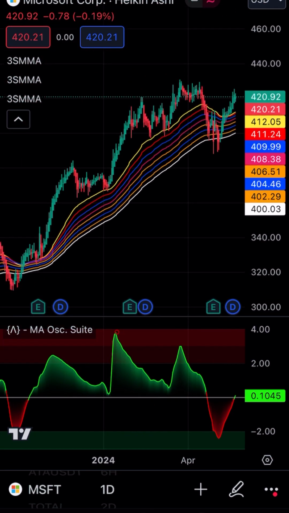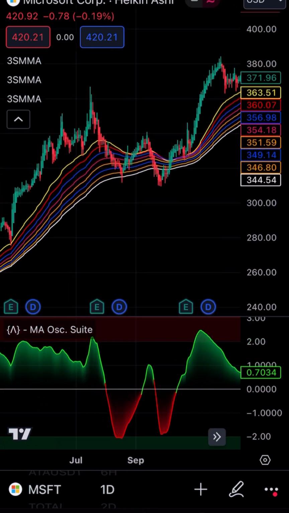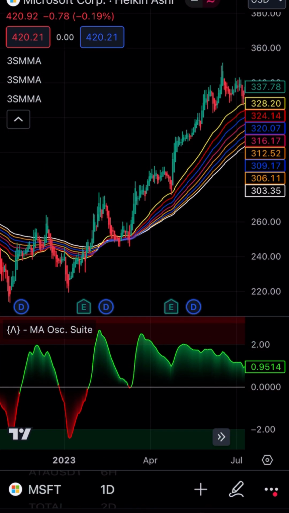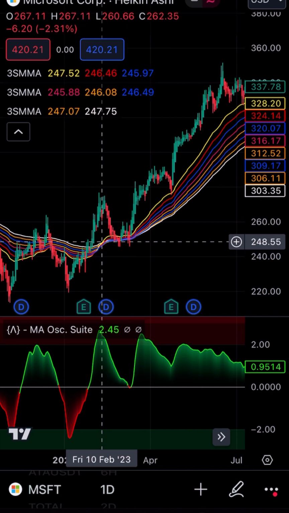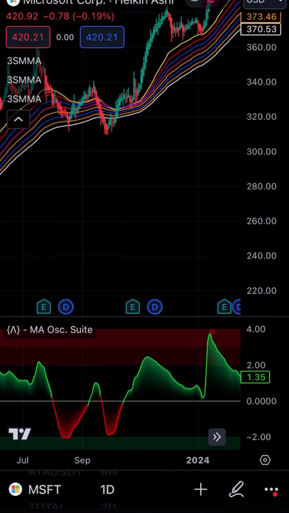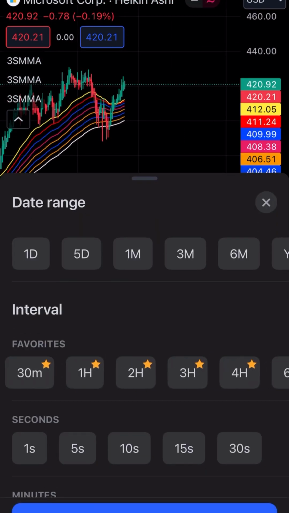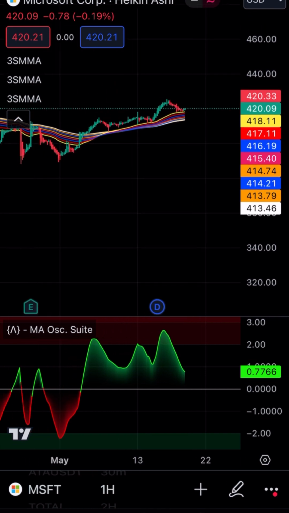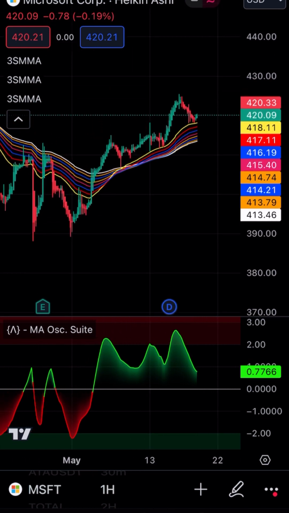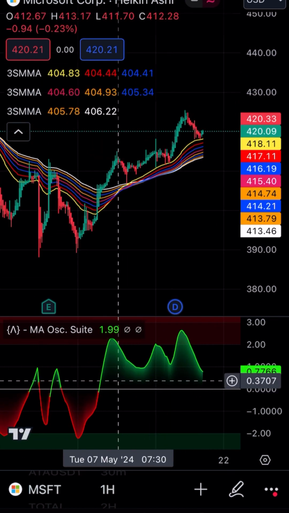We can see that it's been going up since February 10th. So the overall direction of Microsoft is up. So we go to the hour, and then we focus on all the moments where it's crossing up on the zero line, which is right here.